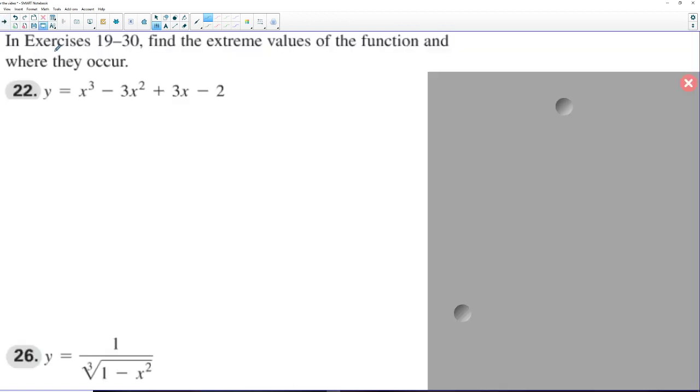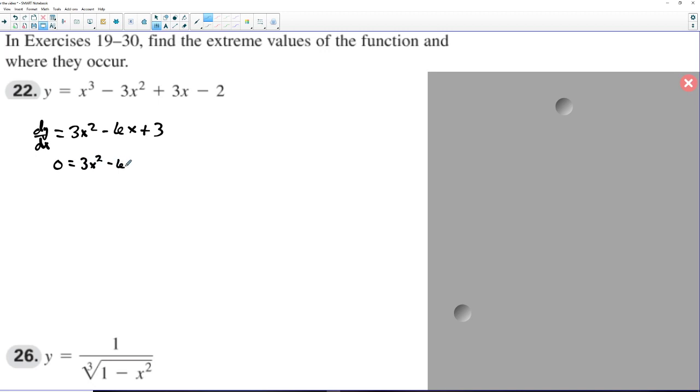In exercises 19 through 30, find the extreme values of the function where they occur. We don't have endpoints on this. Every point is a possibility now. So dy dx is equal to 3x squared minus 6x plus 3. Now we're interested where the derivative is 0.